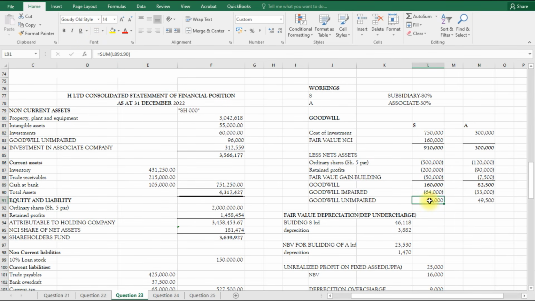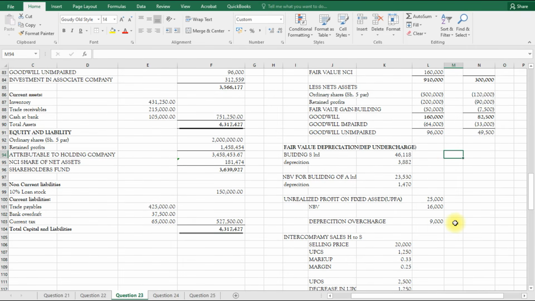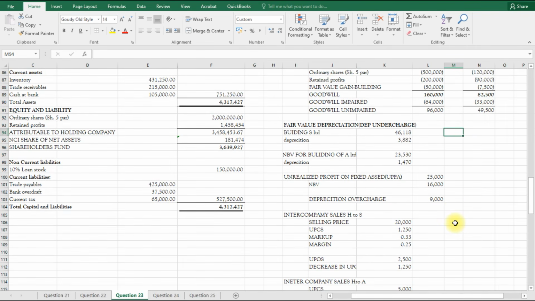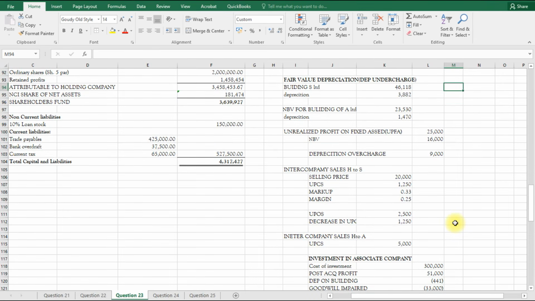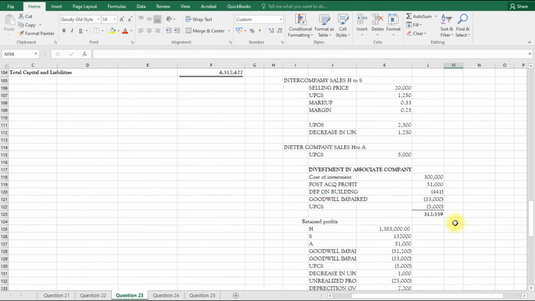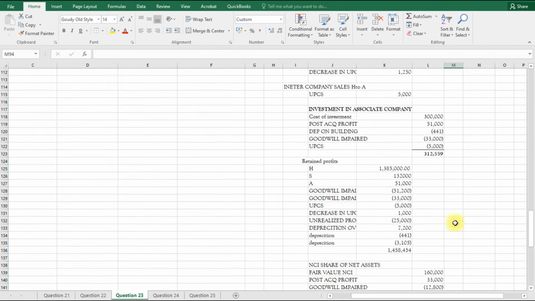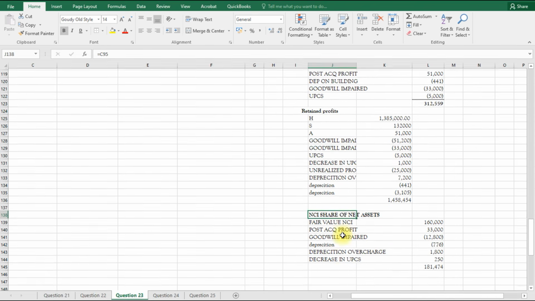Then goodwill impaired, and we remained with our final unimpaired goodwill. And all those are the workings that you're supposed to do: the fair value depreciation, the unrealized profit, the intercompany sales, H to A, investment in associate, the retained profit, the NCI share of net assets.